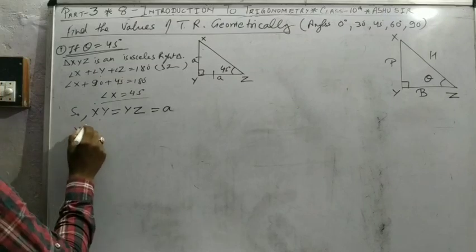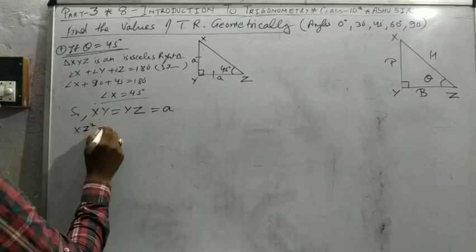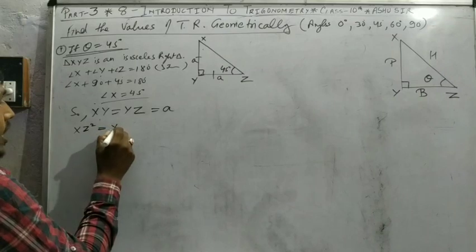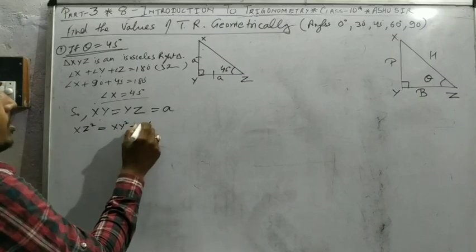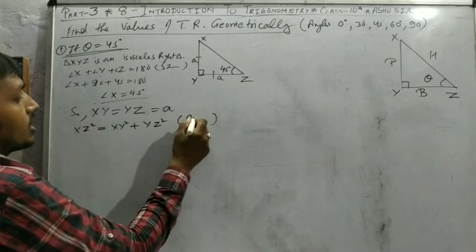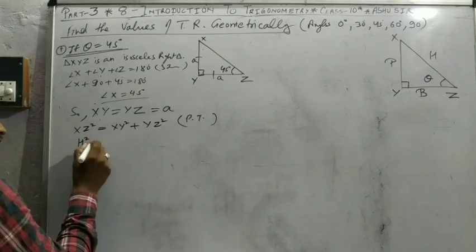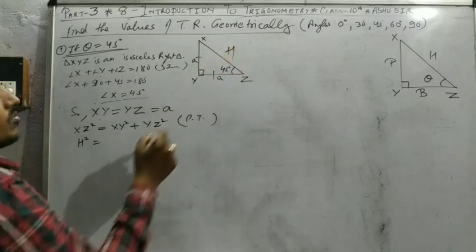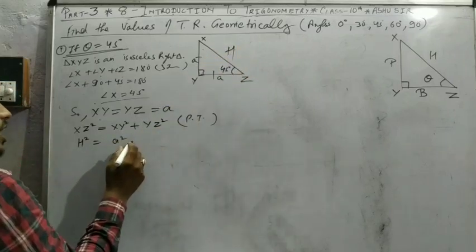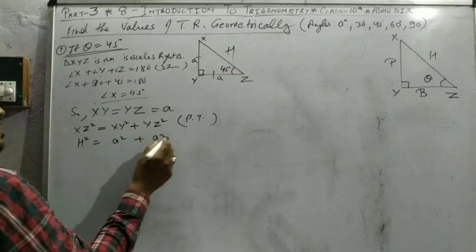So XZ square is XY square plus YZ square, that is the Pythagoras theorem. XZ you don't know, that is the hypotenuse. Perpendicular is a, base is also a.